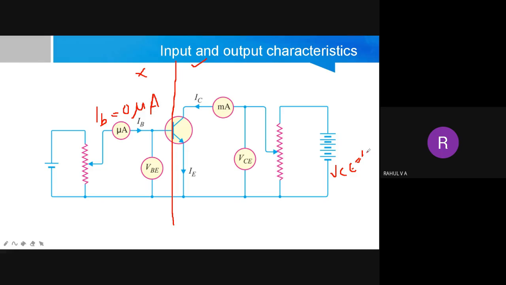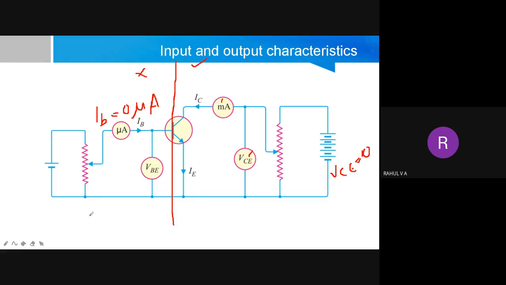Slowly we will increase VCE from 0, and we will note down the value of VCE and IC here. Again we will increase the VCE value to some 1 volt. Again we will note down what is VCE and IC. Like that we will keep on increasing the VCE value, and every time we will be noting down the values of VCE and IC. So that is about the first set of readings.